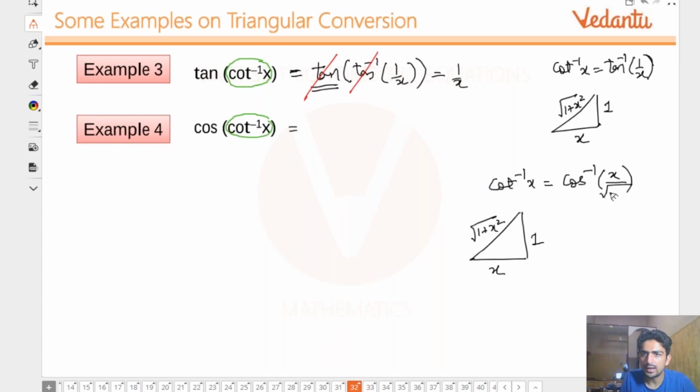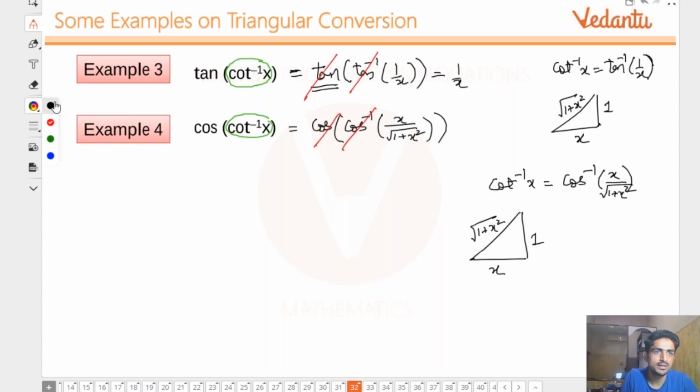Base by hypotenuse. So I will not worry at all about the conditions. I will straight away write this. Now whenever trigono is outside, it gets cancelled and you get the value x upon root 1 plus x square. As simple as that.